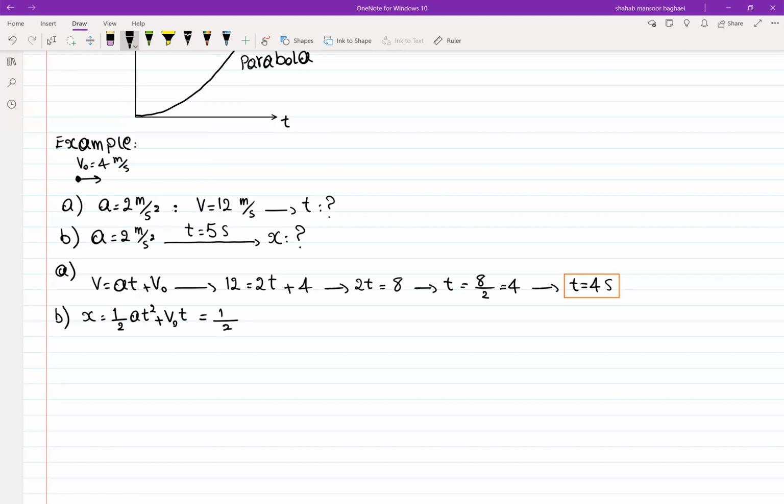This half, A is 2, T is 5 seconds. 5 square plus 4 times 5. You know that 5 square is 25. 2 over 2 is 1. Therefore, it is 25 plus 20. The second part is 20, 4 times 5 is 20 here. Therefore, that's 45. X is 45 meters. Answer of part B.